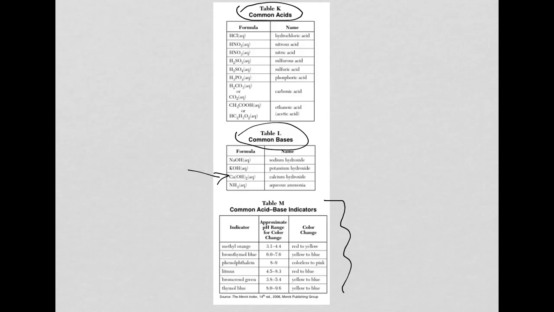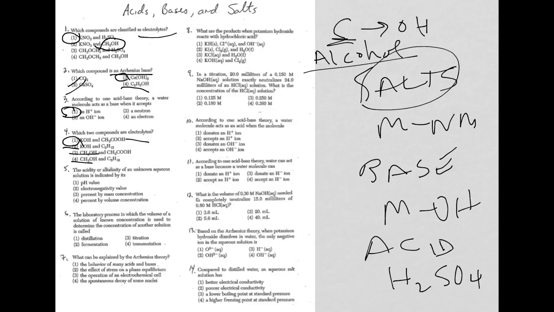KOH shows up, here it is, as a base, and CH3COOH, or written the other way, H with the acetate ion, is ethanoic acid. This is actually an organic acid, but organic acids do ionize, produce ions, are electrolytes in solution. So there's your answer. So using K and L, you can get those answers pretty much most of the time.